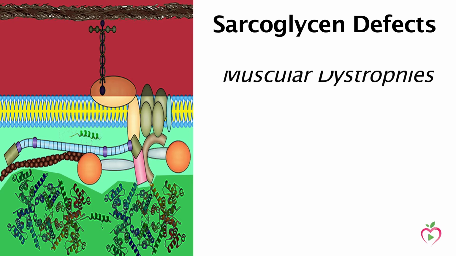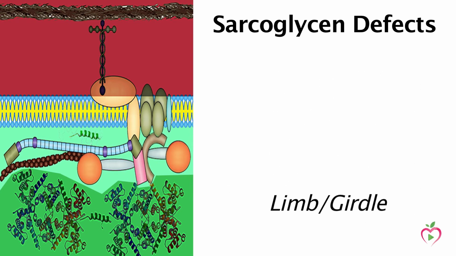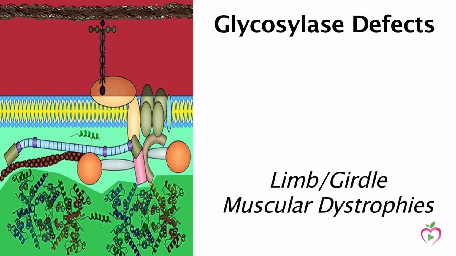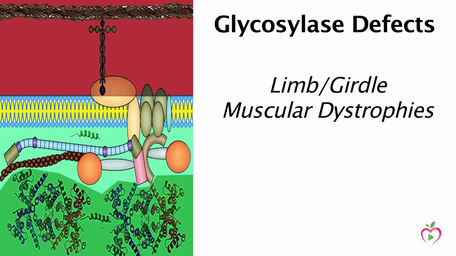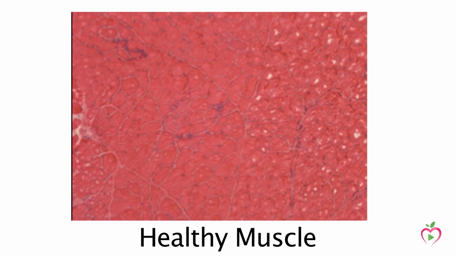In particular, the sarcoglycan proteins are defective in a variety of different types of limb-girdle muscular dystrophy. And there are also a variety of glycosylases that are not shown here that are defective in many other forms of limb-girdle muscular dystrophy. The point here is that there are many different types of muscular dystrophy, and the proteins that are involved in these different types often work together in common pathways that are important for protecting muscle cells from breakdown.